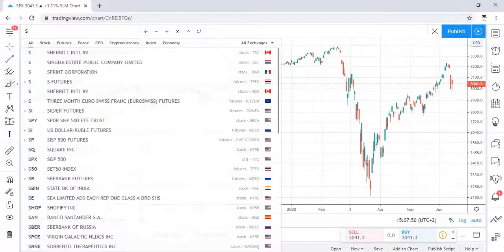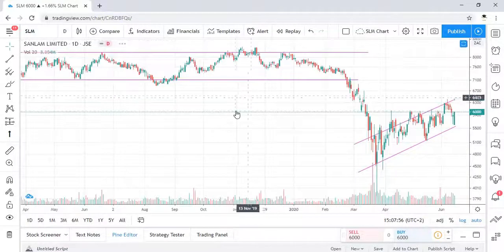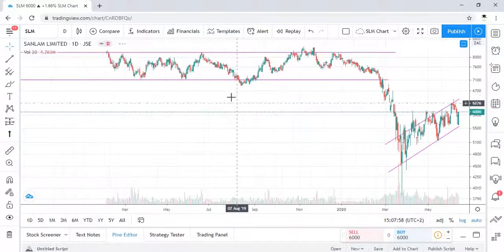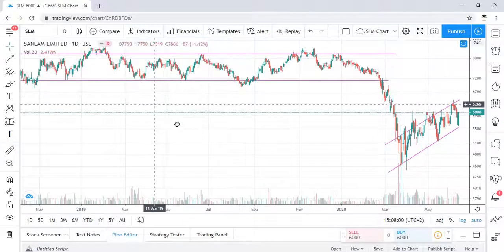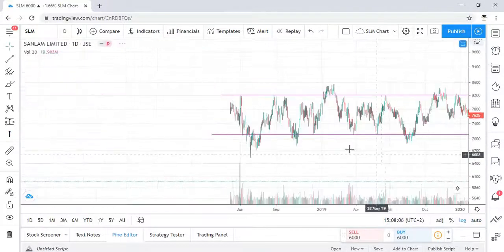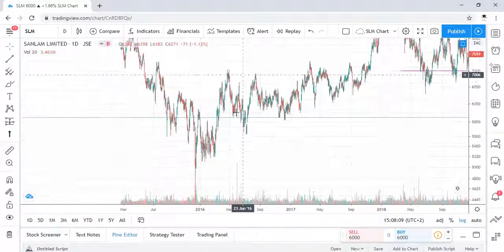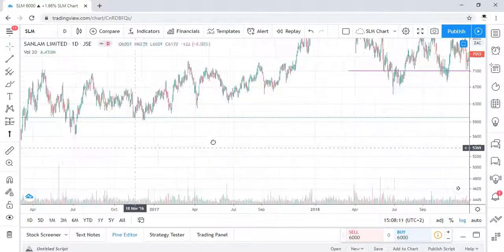So let's just go back to Sanlam. Okay, so this is on the daily chart. We just want to see where we are able to find a double bottom.